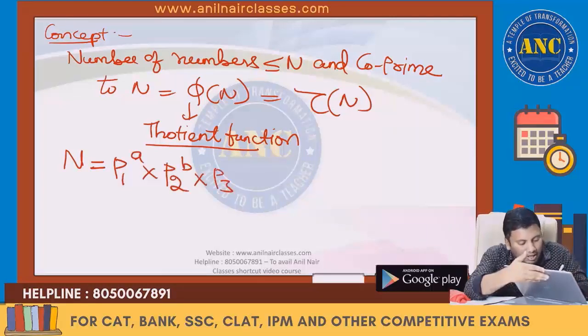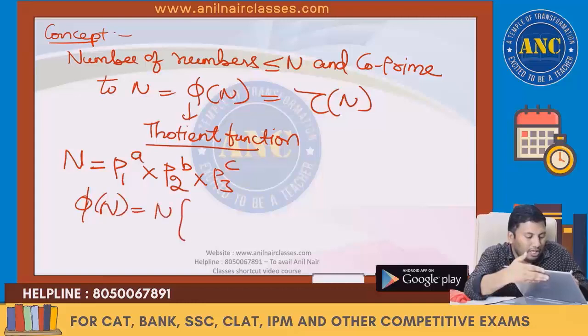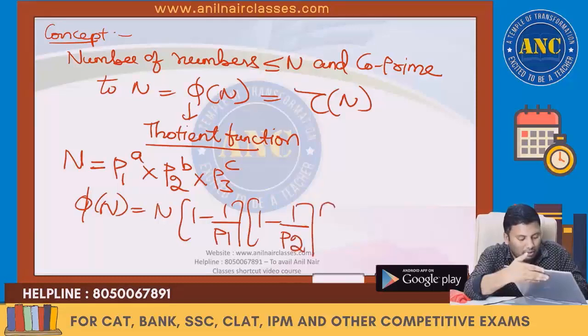Write the number as a power of prime numbers: P1 power a, P2 power b, P3 power c. The totient function of n is given by n into (1 minus 1 by P1), (1 minus 1 by P2), (1 minus 1 by P3).